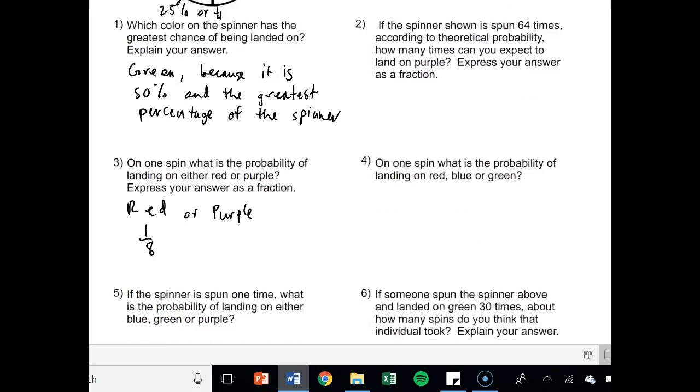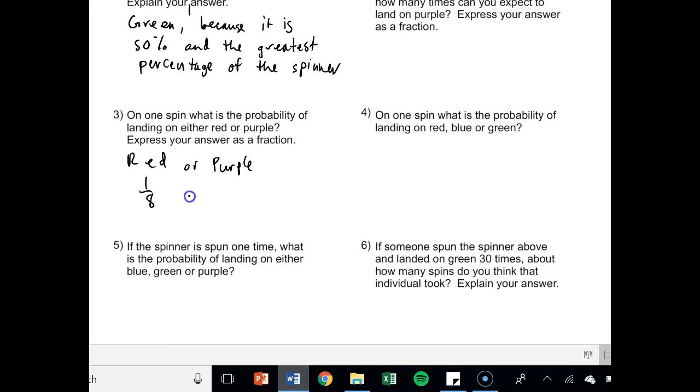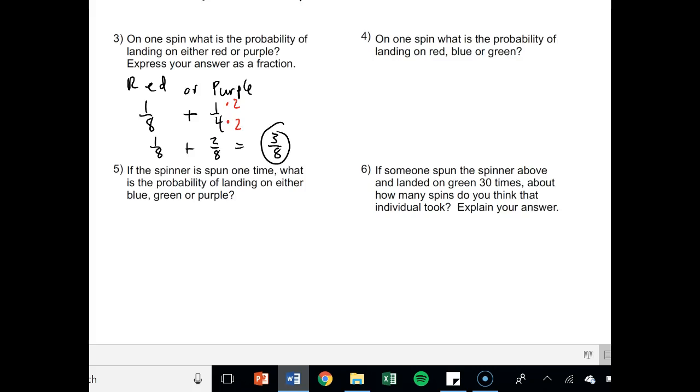So what's the probability of doing that just on one spin? So 1/8 plus 1/4. And in order to add that up, we need to find common denominators. So that's 1/8 plus 2/8. And that gives you 3/8 as your answer, or 37.5% chance of landing on red or purple.